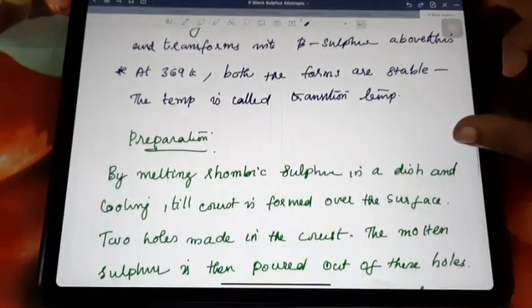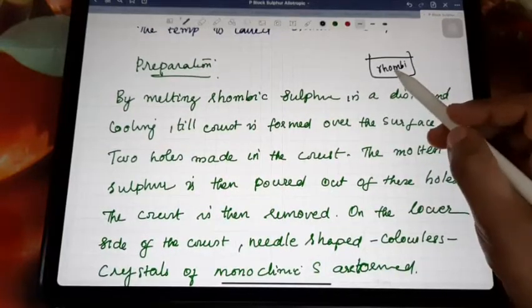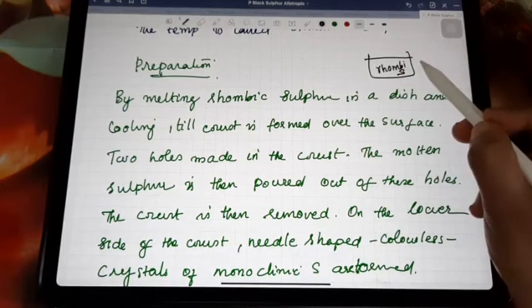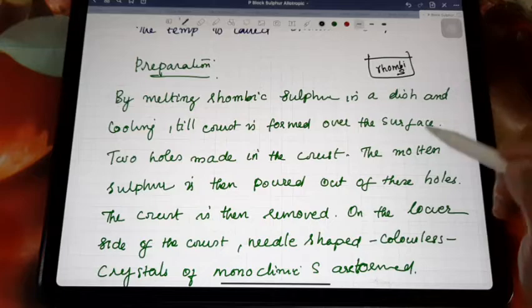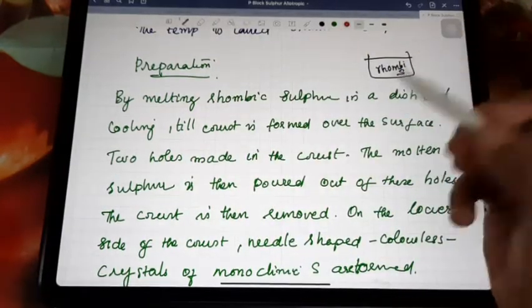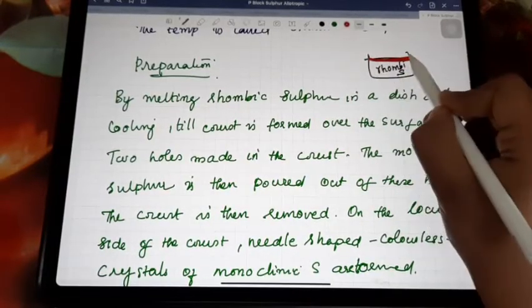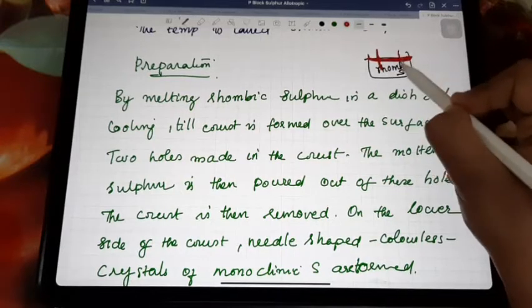Now we can discuss the preparation of monoclinic sulfur. For the preparation, you have to take rhombic sulfur in a dish and melt it. After melting, cool it. Continue the cooling until a crust forms over the surface. When the crust is formed, make two holes in the crust.